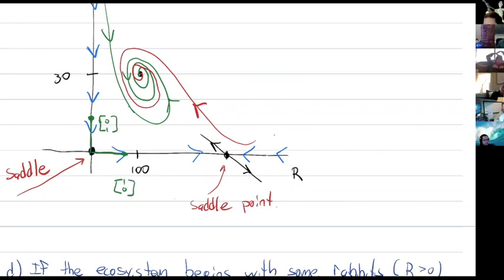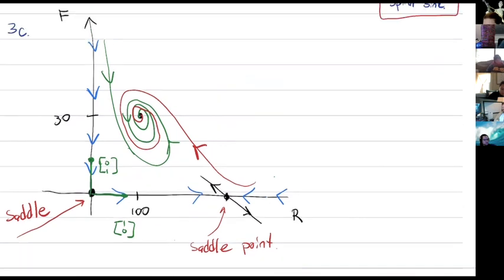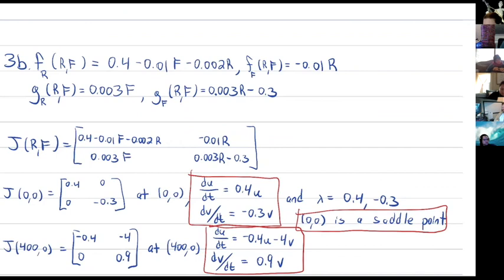And the vector 1, 0, that's the one that has the positive eigenvalue. So that's why those arrows are going away. And the vector 0, 1, that's the one that has the negative eigenvalue. So it is the one that's going in. So what I would do is I would take this system over here if I wanted to, and then find the eigenvectors.